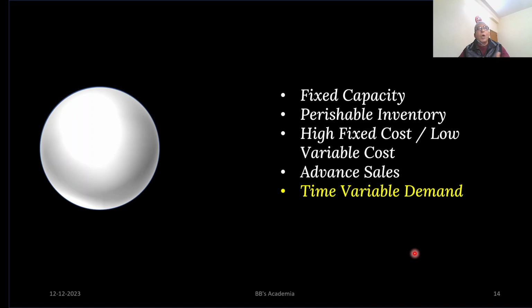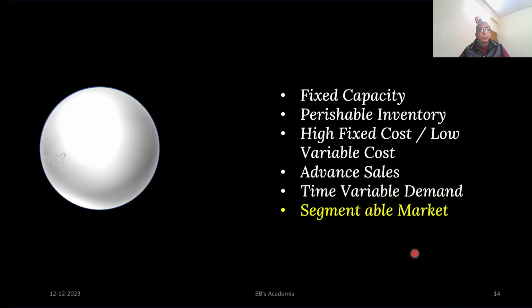Business guests come on demand. So you cannot sell all the rooms to the leisure group. You have to keep some more capacity to satisfy the demand from the business group. So time variable demand is also very important.